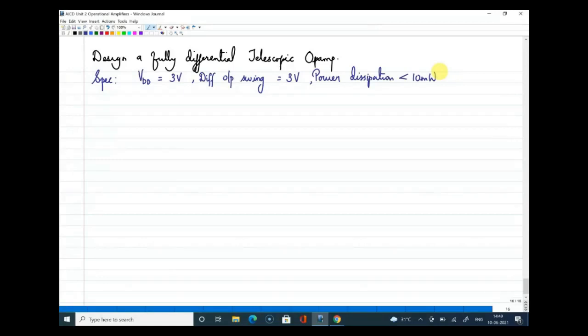Nevertheless, when you say the output swing is less, the other advantage is it will definitely give you a huge gain. So we have to look for applications where swing is not much of a concern, or there are many techniques to overcome this. Telescopic op-amp as a standalone circuit has a limited output swing, but in order to have a larger swing, the general technique we use is two-stage op-amps.